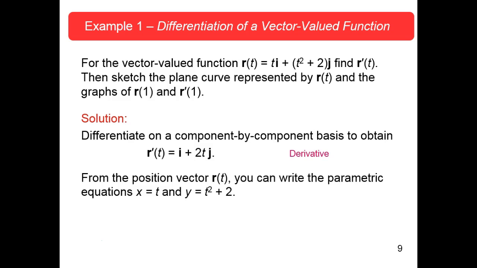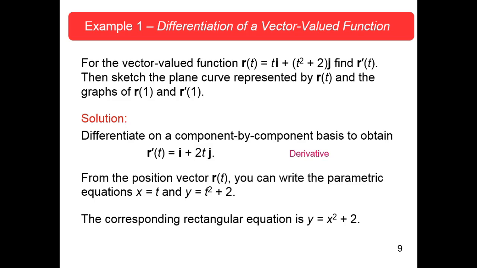That's exactly what those parametric equations are. The corresponding rectangular equation is y equals x squared plus 2. And when t is equal to 1, r of 1 would be i plus 3j, and r prime would be i plus 2j.